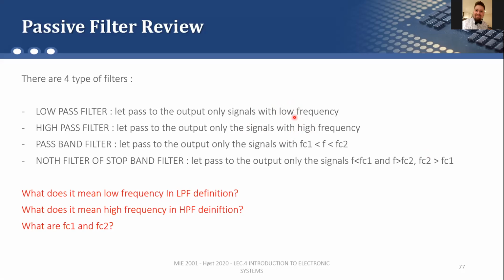So again, this is why before, when I said low frequency, I specified that the frequency has to be smaller than FC, the cutoff frequency. And here I specify that the frequency of the input signal of the high pass filter should be higher than the cutoff frequency of the high pass filter. So it's always important to specify what high and low mean here.